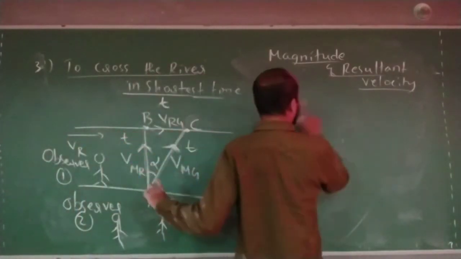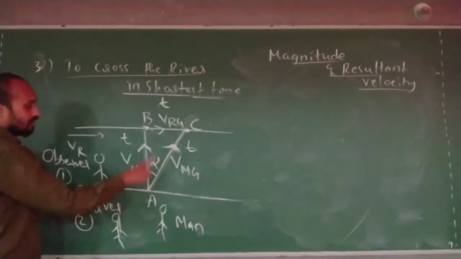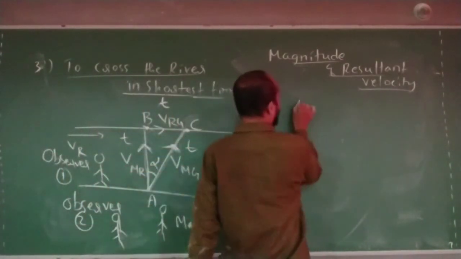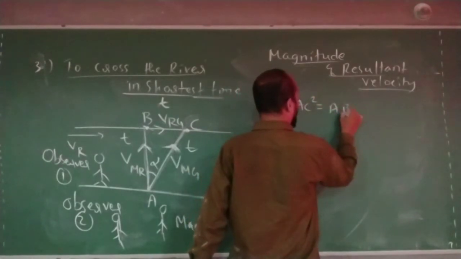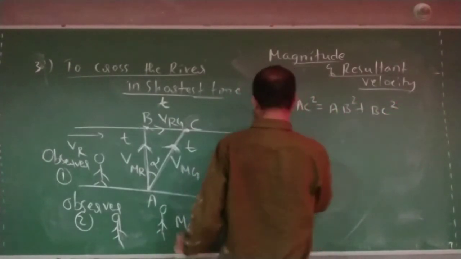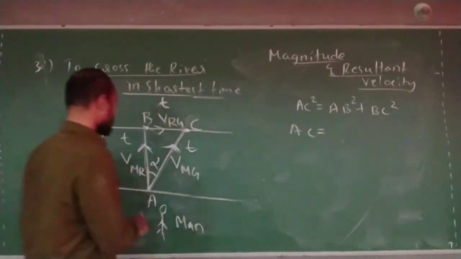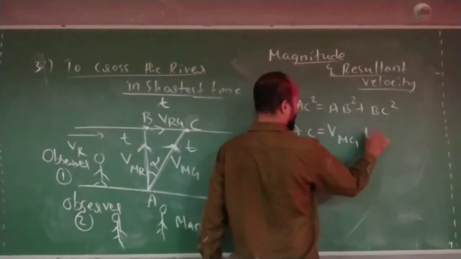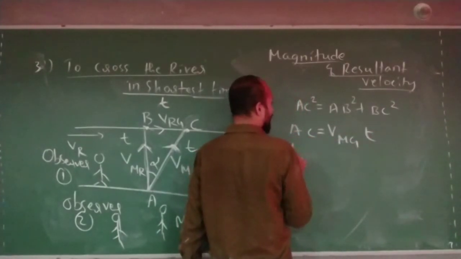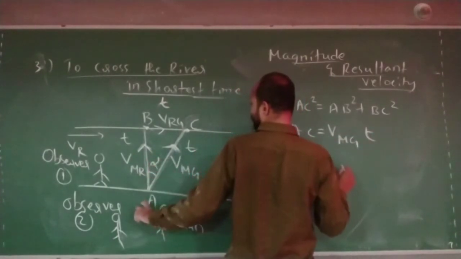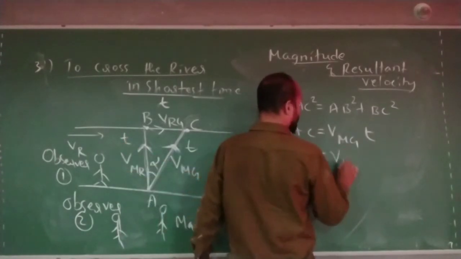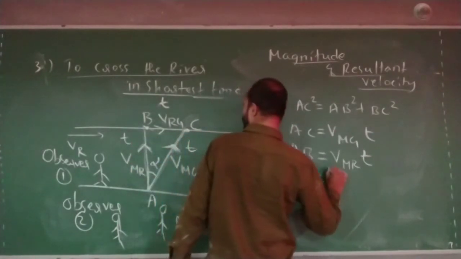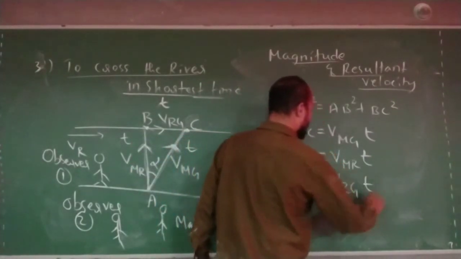So here, from the last point of view, I can write the magnitude of resultant velocity. Here you see, AC square is equal to AB square plus BC square. Here AC is equal to velocity of man with respect to ground in time t, AB is equal to velocity of man with respect to river in time t, and BC is equal to velocity of river with respect to ground in time t.